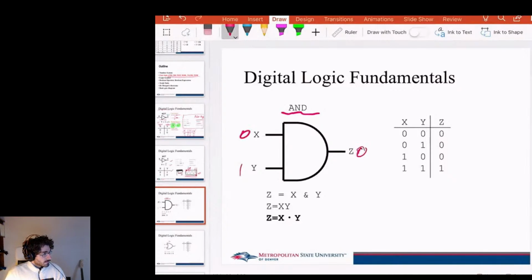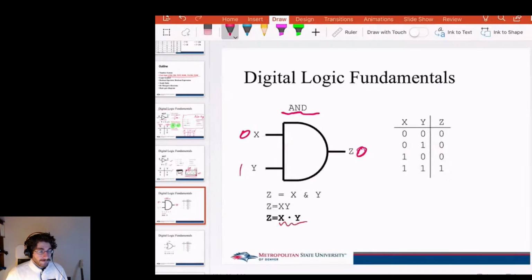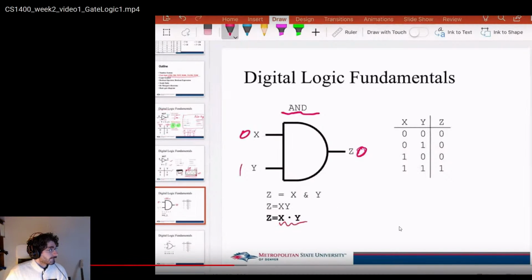So for the Boolean expression of an AND logic, usually we will use a dot product to represent the AND.